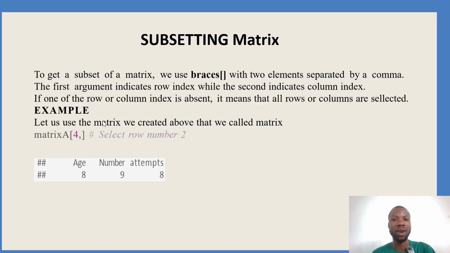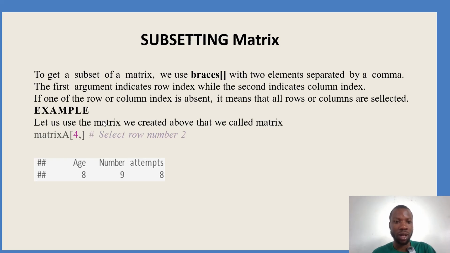I used to say square brackets with two elements separated by a comma. The two elements are there because one represents the rows and one represents the columns. So if I need to see the values in position number one, something like that, we are going to see it as an example.